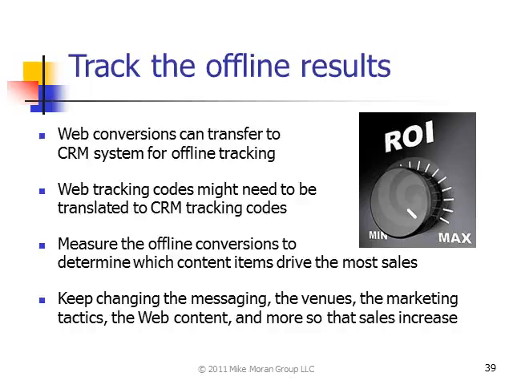So how would you then use web tracking codes? What you're doing with the web tracking code is, instead of throwing it away when they get to the web conversion, if that web conversion is turning into a lead in the CRM system, then you want to take that unique web tracking code and translate it into a CRM tracking code that again puts the entire transaction, from the beginning of that exposure to the marketing message all the way through to an offline sale.